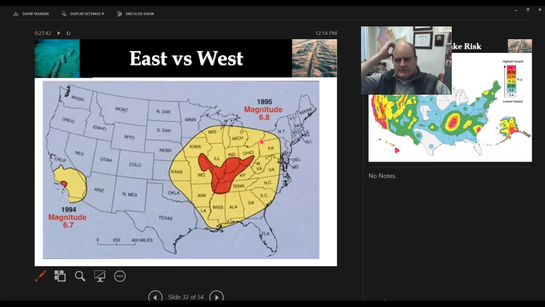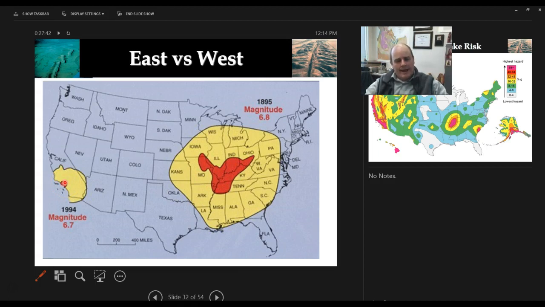Another example of this is if we had an earthquake, let's say a 6.7 earthquake. I think this one is the Northridge earthquake back in 1994. It was a 6.7. Well, the waves could be felt all the way into Nevada, but more intense right there in California, of course.